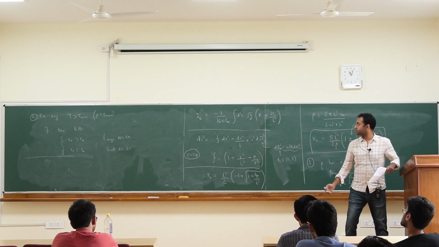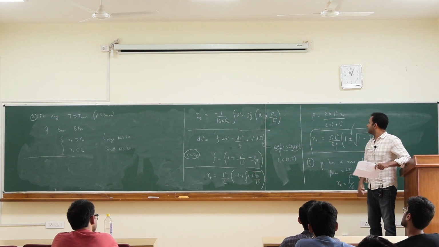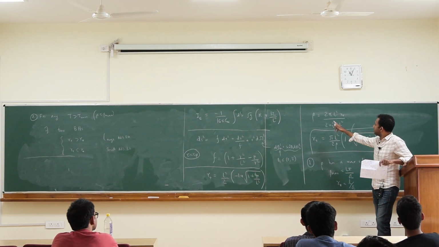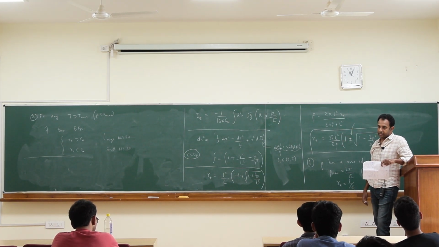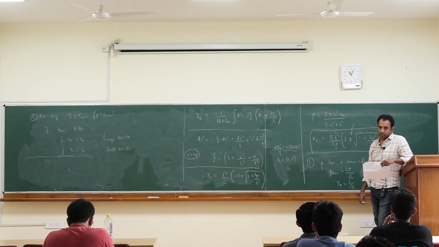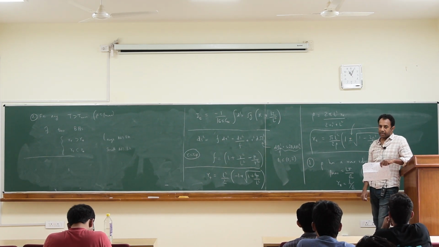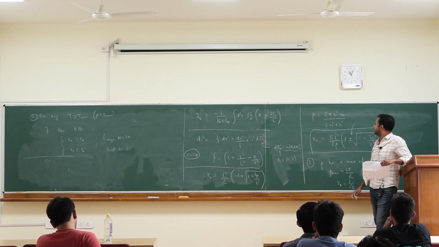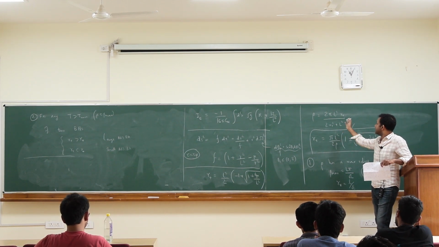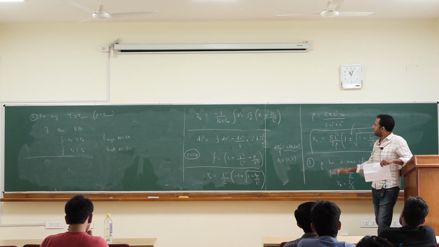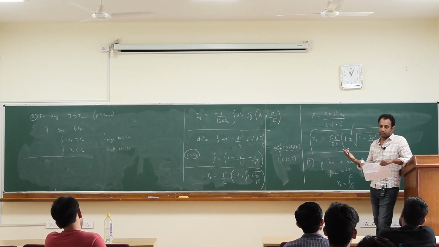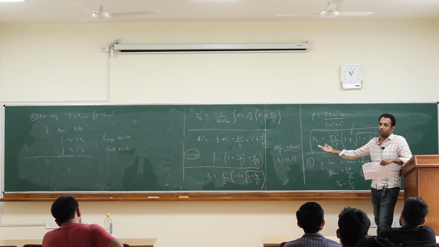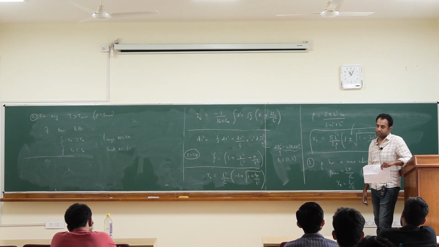If you take the T here, the L becomes downstairs, so you can take L to infinity right away. Then you will find that beta is 2 pi r plus. That is telling you that the temperature of the flat space black hole is smaller and smaller as the radius becomes bigger and bigger.